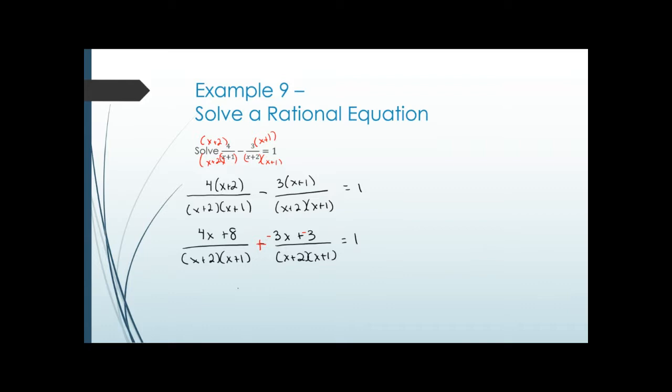So you turn that minus into a plus, but then you change the signs on the top of everything to the right of that subtraction. So now I'm going to combine. I have 4x plus negative 3x, which is x. 8 plus negative 3, which is 5. And then x plus 2 times x plus 1 equals 1.